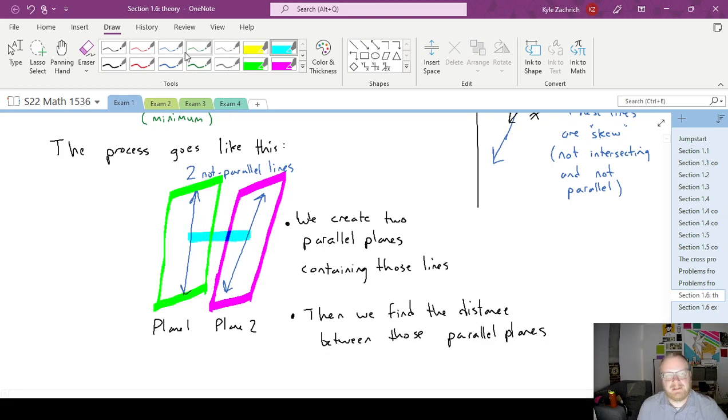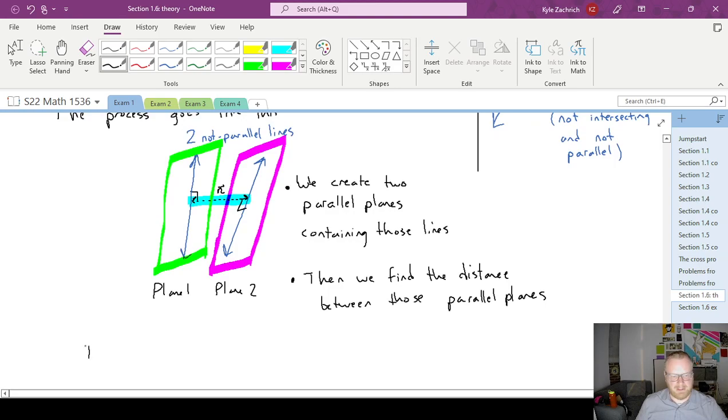This normal vector sticking out of the plane, sticking out this way or sticking out this way, depending on how you look at it, is something that's perpendicular to this line and perpendicular to this line.